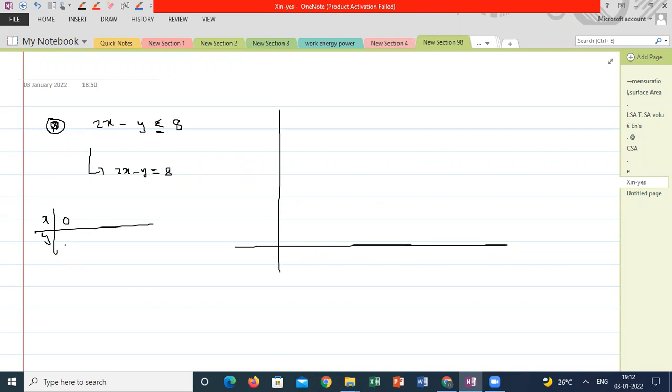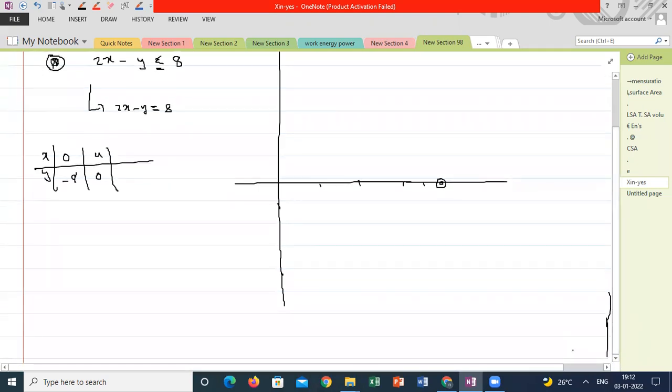If y is equal to 0, x is equal to 4. So 4 comma 0 is this point, and 0 comma minus 8 is this point.